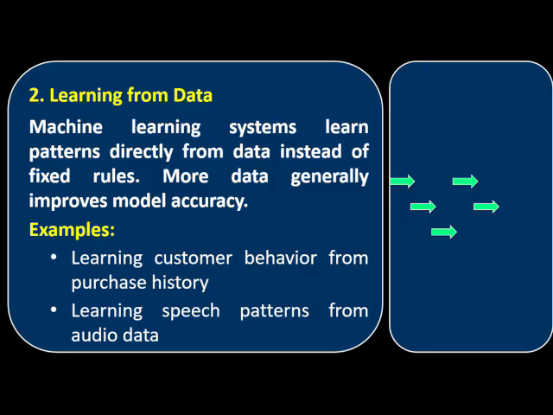Machine learning models analyze this data and learn customer behavior. In speech recognition systems, thousands of voice samples teach the system pronunciation, tone, and accent. So, here data itself becomes the teacher, not the programmer.